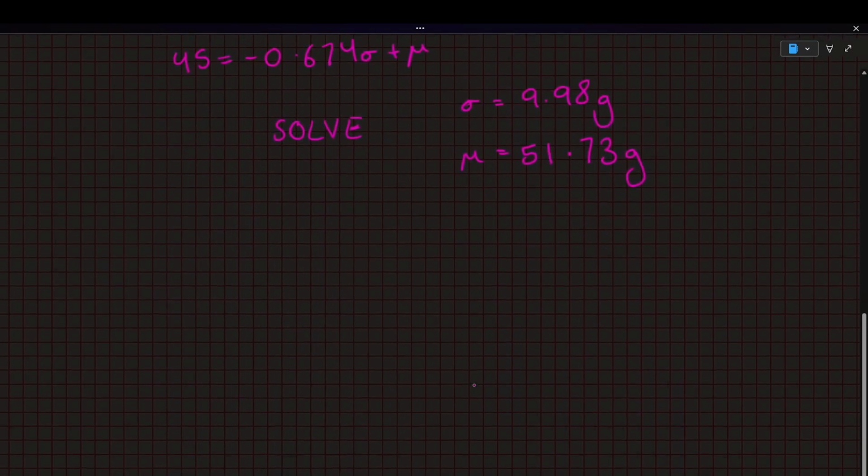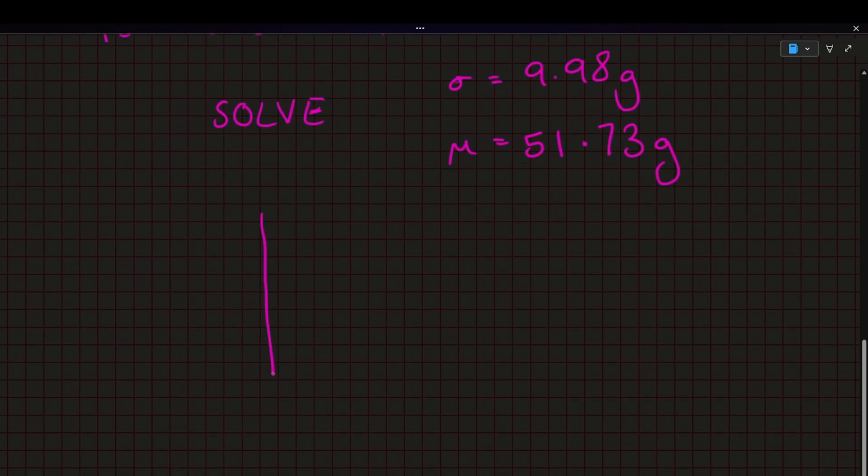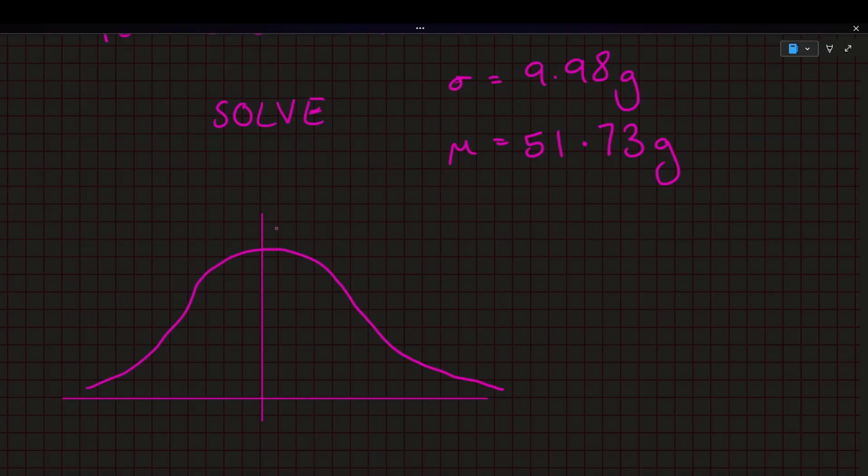Just as an added benefit, let's try and visualize this normal distribution curve and see where all the values are coming from. So remember, it's a bell-shaped curve, and our mean is going to be 51.73, and 50% of the data is in front and behind it, above and below it. I'll just write x in grams over here.